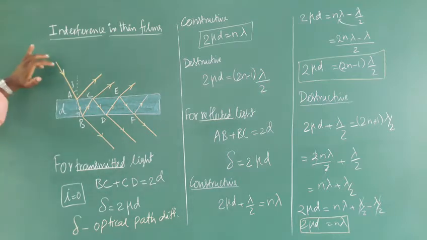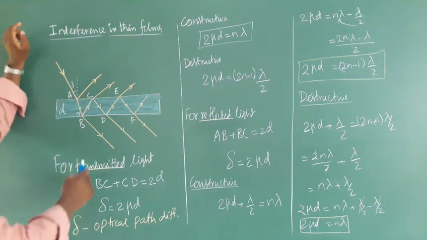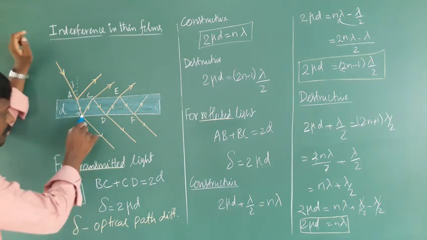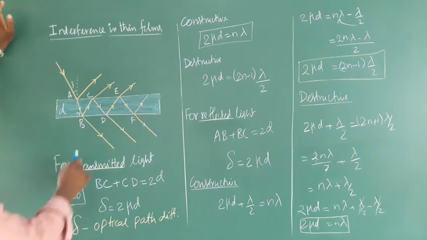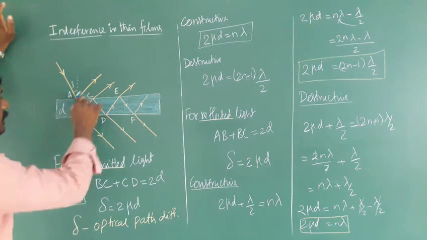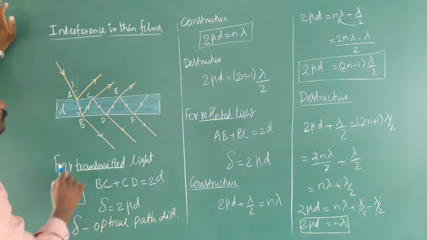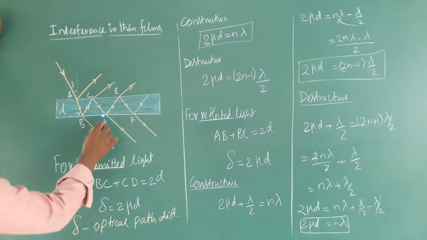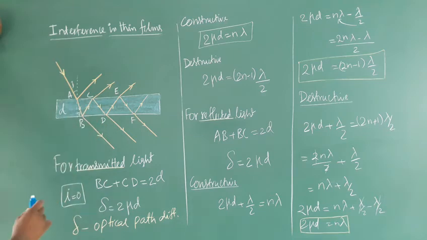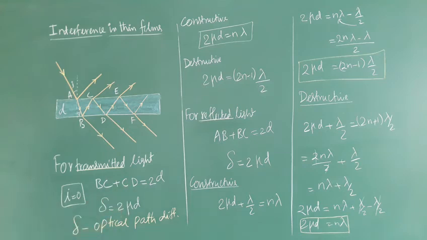Here just see the angle of incidence i is equal to 0, that is normal incidence, perpendicular to the plane. For transmitted light, the light wave from the points B and D is transmitted out. The light from D travels an additional distance, that is BC plus CD, where d is the thickness of the thin film.